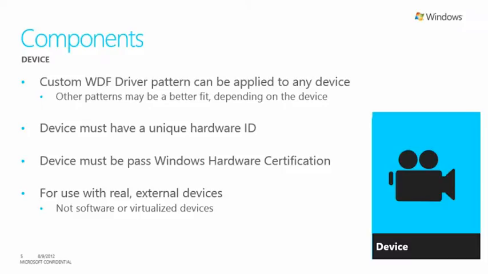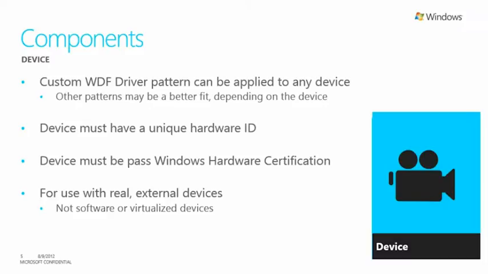For USB, this is a unique USB VID-PID combination. I believe there are similar bus identifiers for Bluetooth. I don't know the acronyms for them. But we need a way to uniquely identify your device from everybody else's device. We need that because we have to download the metadata for the device, and we have to download the driver for the device.